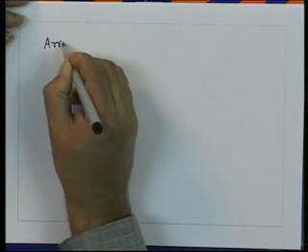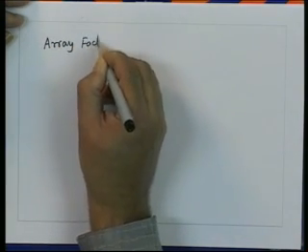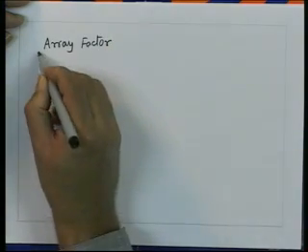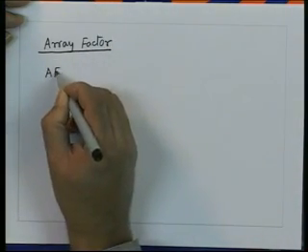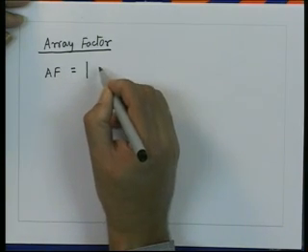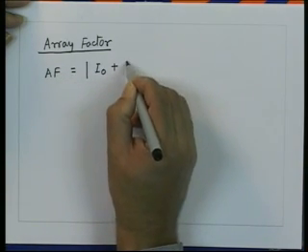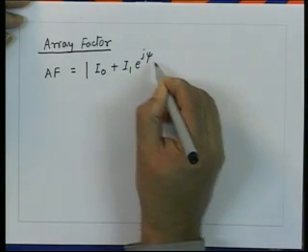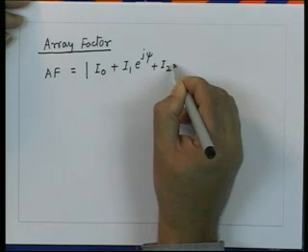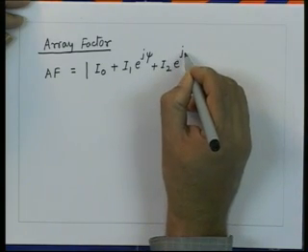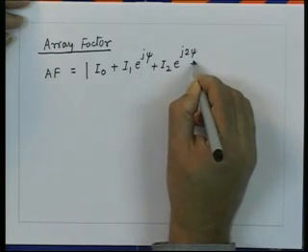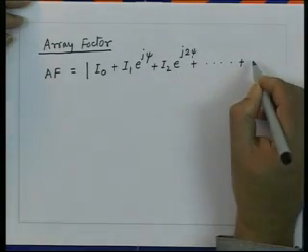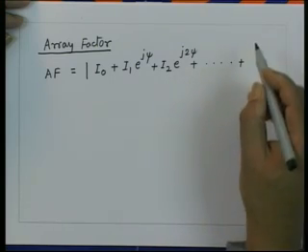So, now we can write down the array pattern for this, and let me call that the array factor, AF, that is equal to magnitude of I 0 plus I 1 e to the power j psi plus I 2 e to the power j 2 psi plus and so on till you go to I n, which is equal to 1.